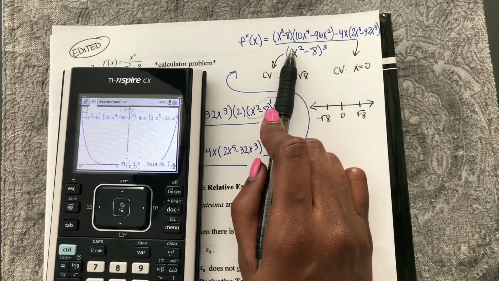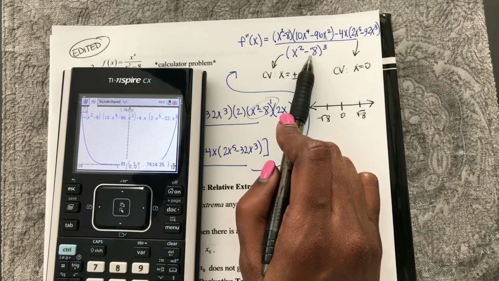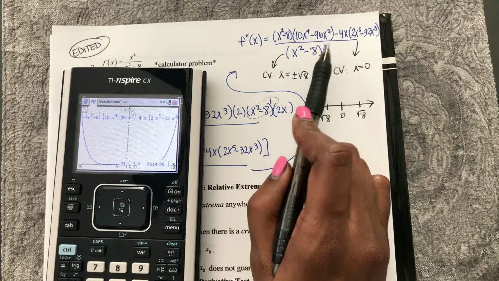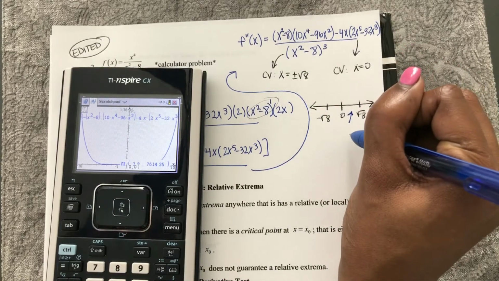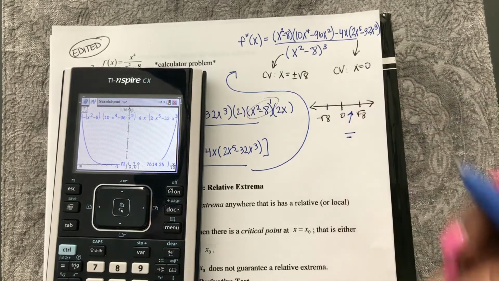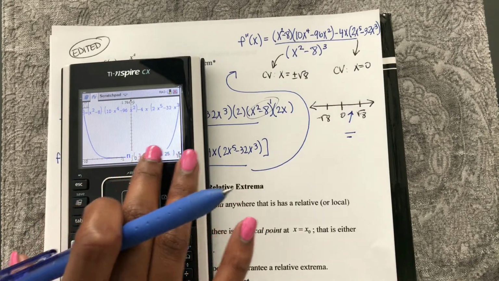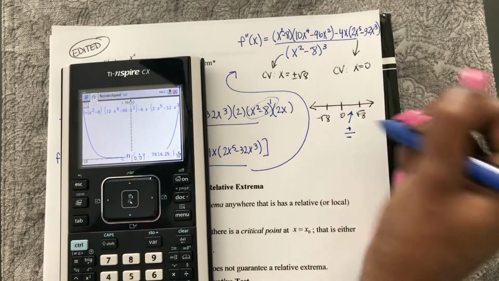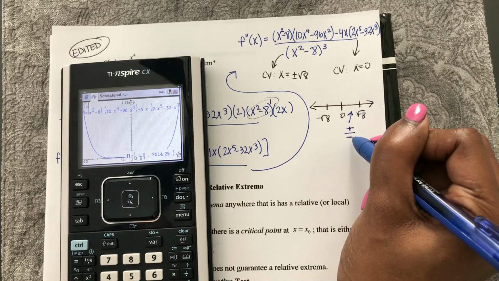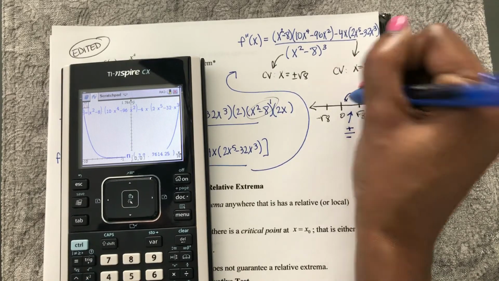If I plug in 1 in my denominator, 1 squared minus 8 is a negative, and a negative cubed is a negative. So for this interval, my denominator is negative. And now my numerator, to the right of 0, everything is positive. So a positive divided by a negative is a negative, so this is concave down.